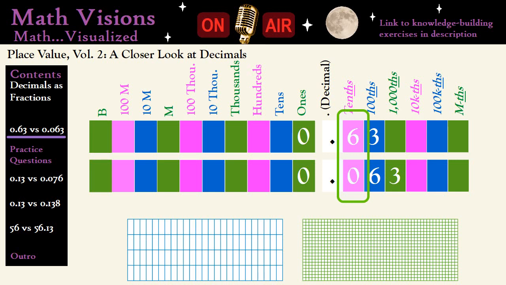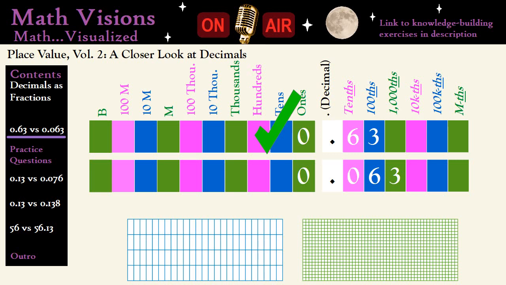Our first number has 6 just to the right of the decimal, and our second number has a 0 just to the right of the decimal. Therefore, the first number is bigger, even though it has fewer digits to the right of the decimal. The amount of digits to the right of the decimal does not matter the way it does to the left of the decimal for determining value.